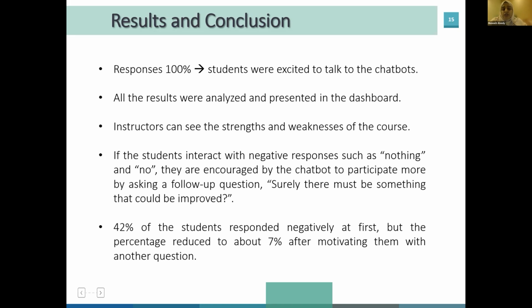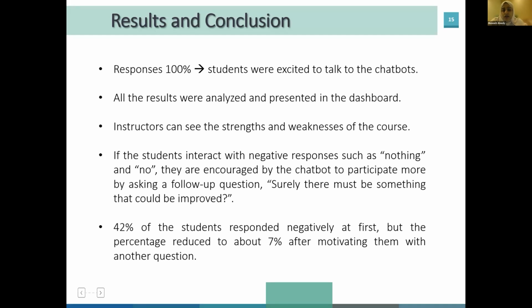One strength we found in our investigation is that Hubert encouraged students to participate more with more positive answers, and not just saying "I have nothing to say" or "I have nothing to add."